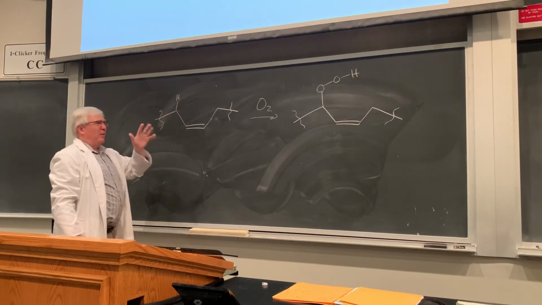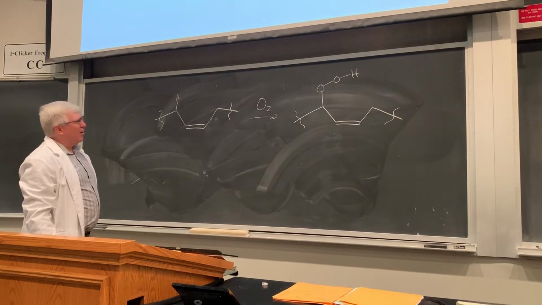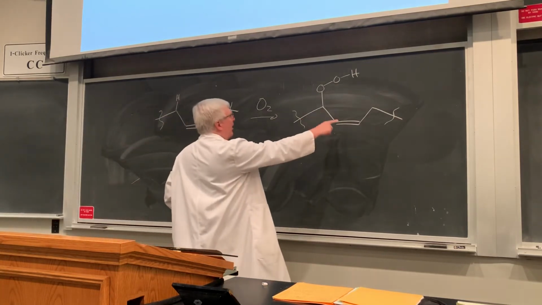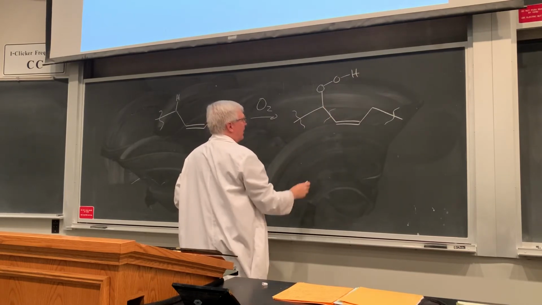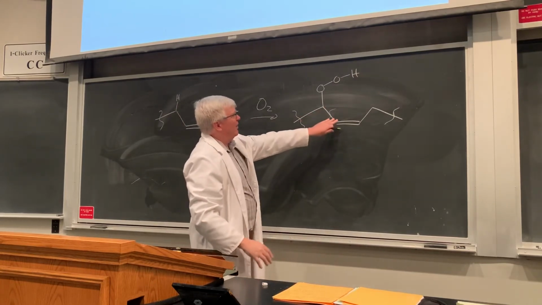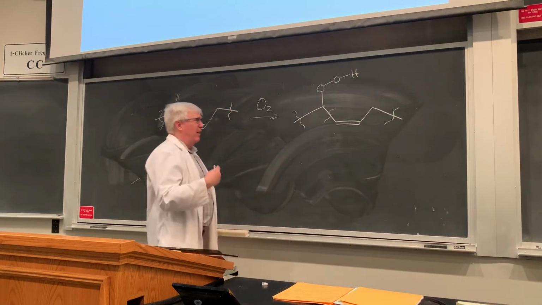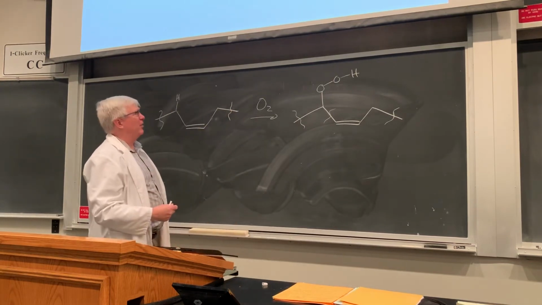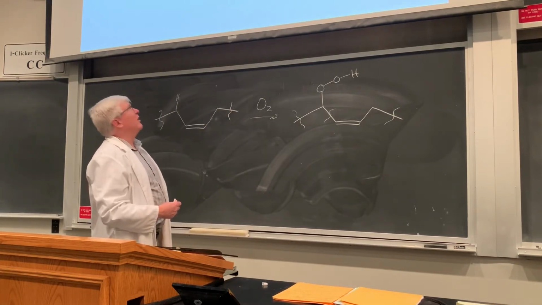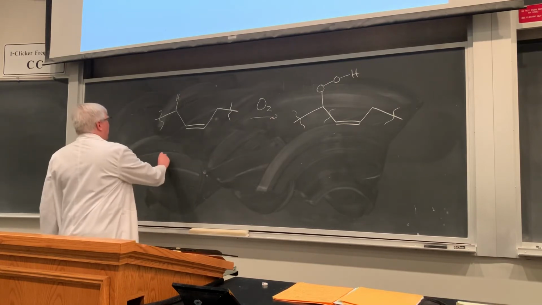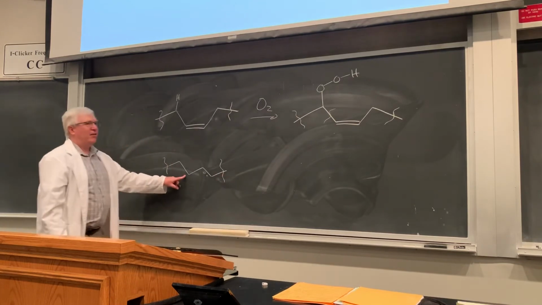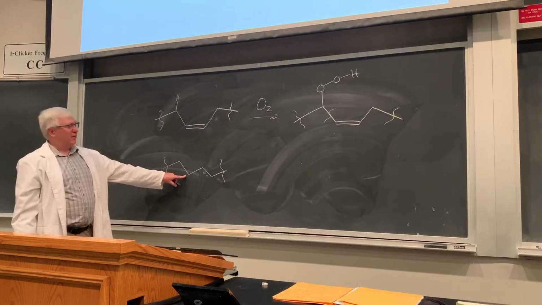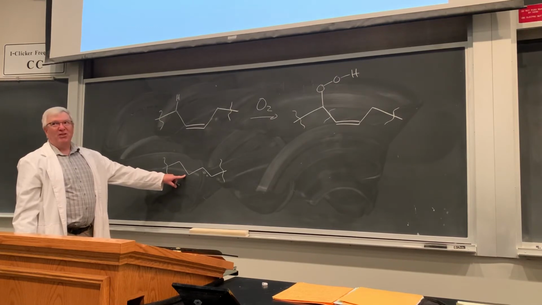Now, I don't have time to go through the mechanism of that. It's known. These allylic peroxides then eventually break down and break carbon-carbon bonds and create aldehydes and other oxidation products, and that's the rancid process that these unsaturated fats can undergo. But if you don't have these double bonds, if you have fully saturated fats like stearic acid or palmitic acid, these guys are much more stable long term on the shelf.